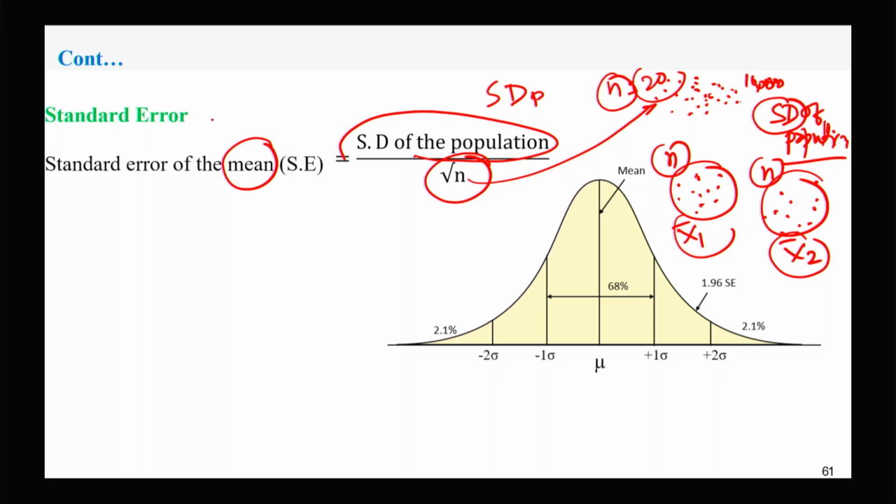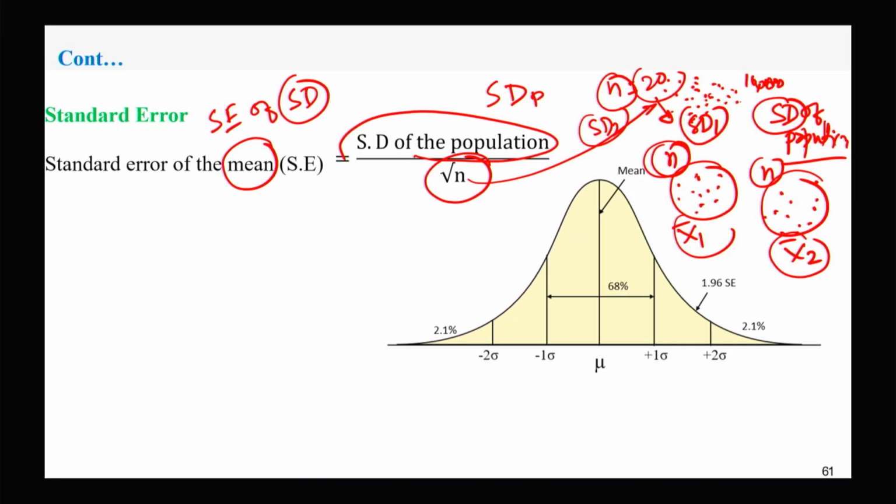And the standard error of the standard deviation also we can calculate. Suppose we are taking n readings and we are calculating the standard deviation of the first set, the standard deviation of the second set, like this.